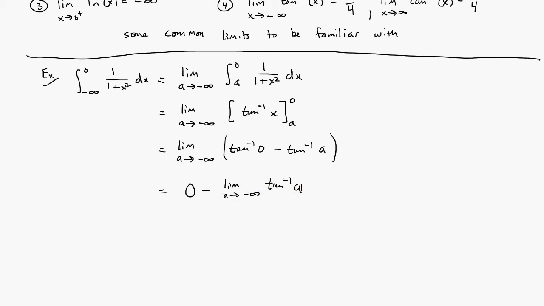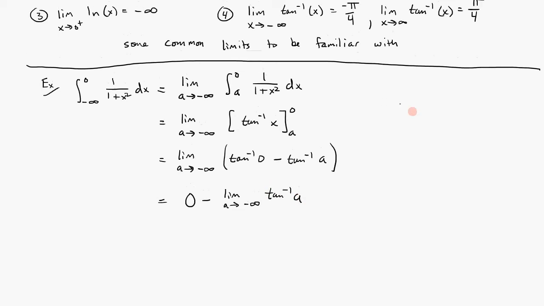But as we see above, as x goes to minus infinity, the inverse tangent goes to minus pi over 4. So this is 0 minus a negative pi over 4, and so the total is equal to pi over 4.